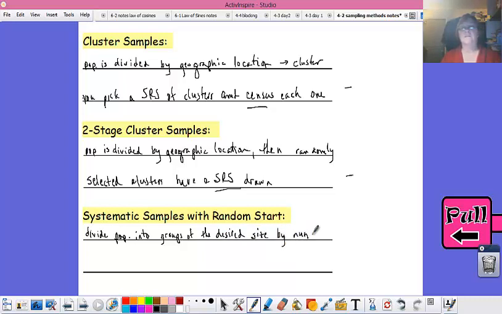Think about it like in gym class: 1, 2, 3, 4, 1, 2, 3, 4. You divide the population into groups of the desired size by numbering off. Then randomly select one of those groups to be your sample.